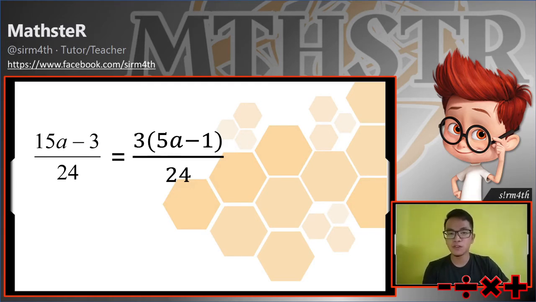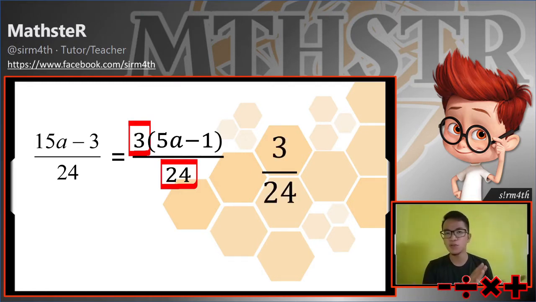We need to focus on the number outside the parentheses, or the common monomial factor, and our denominator. Okay, so we have 3 and 24. Anong gagawin natin sa kanya? So ito lang, ihiwalay lang muna natin saglit. We are going to simplify this rational number, this fraction 3 over 24.